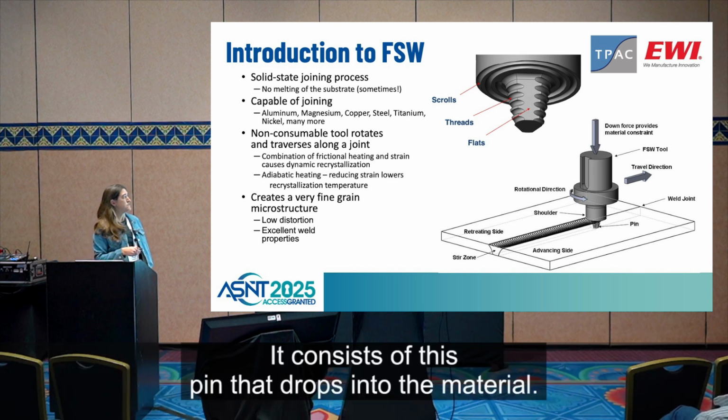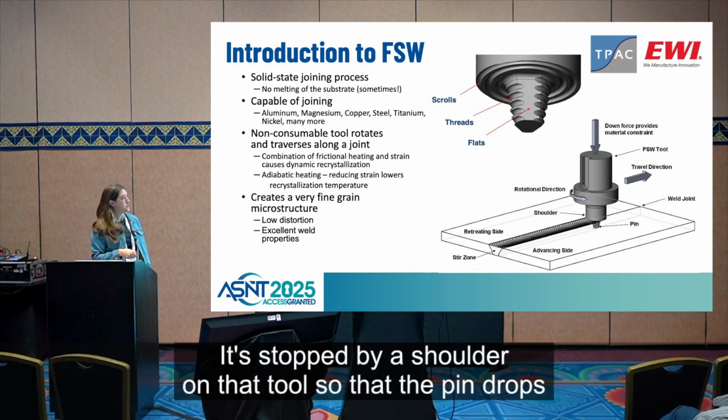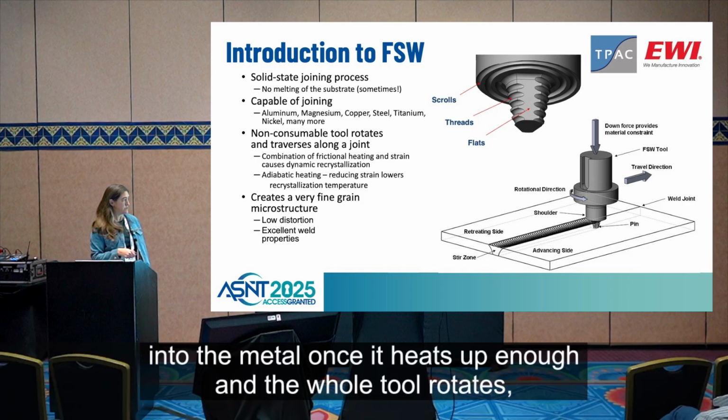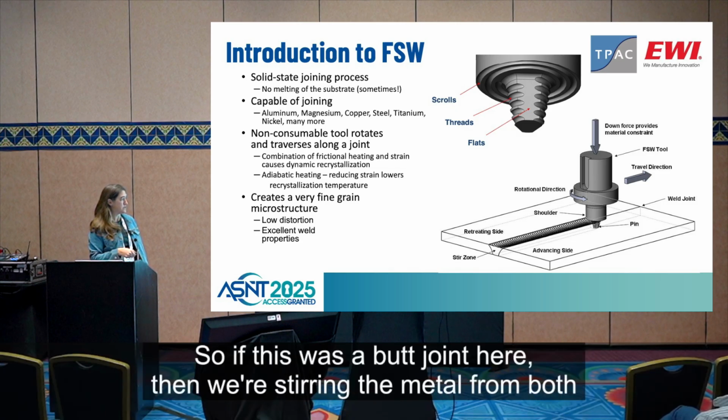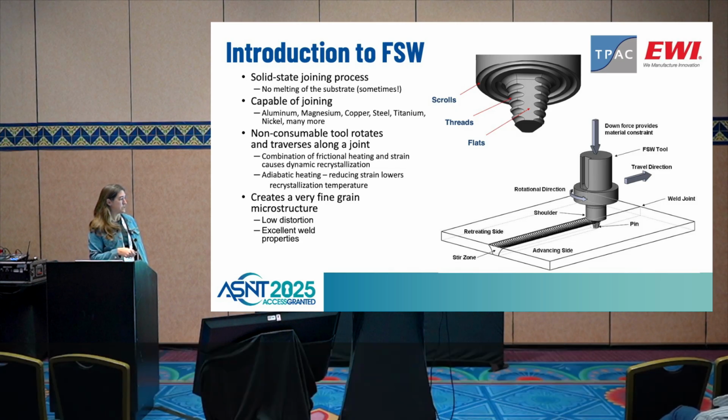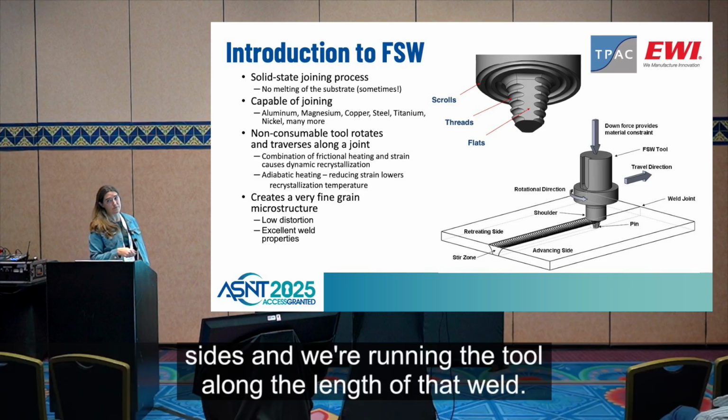It consists of this pin that drops into the material. It's stopped by a shoulder on that tool, so the pin drops into the metal once it heats up enough, and the whole tool rotates, stirring the metal together. If this was a butt joint here, then we're stirring the metal from both sides and running the tool along the length of that weld.